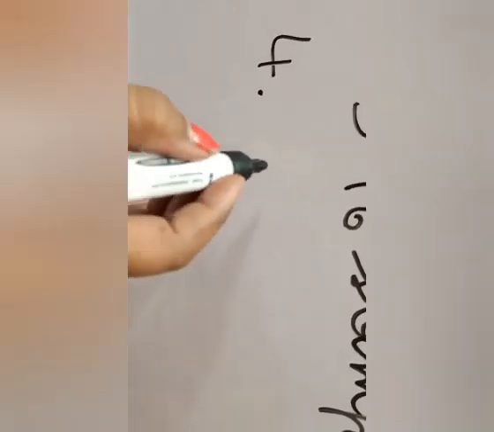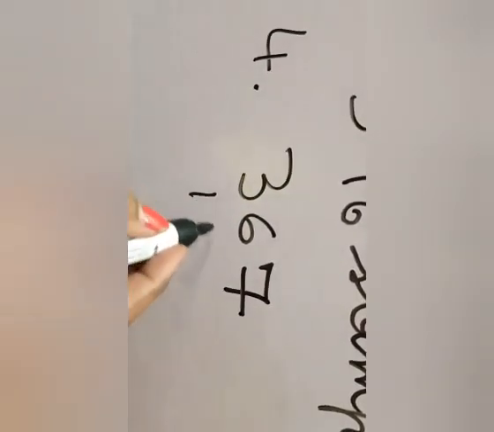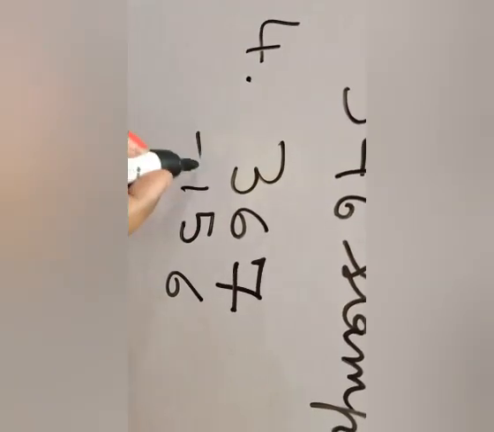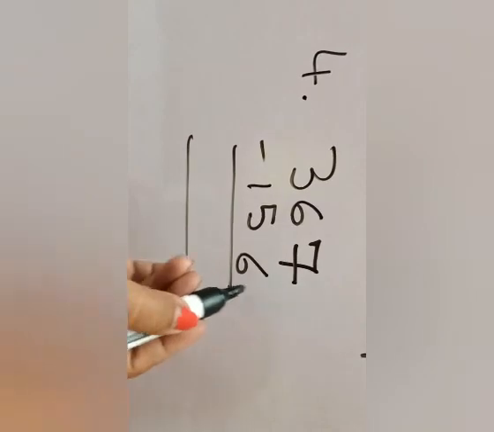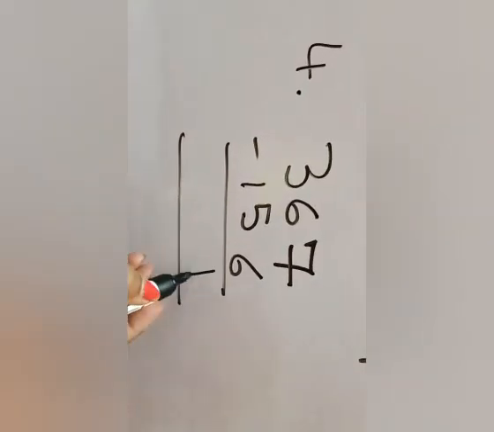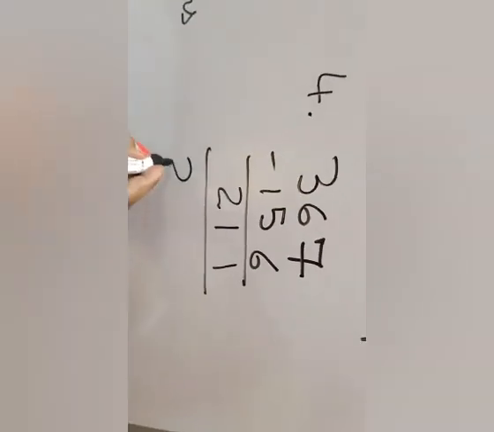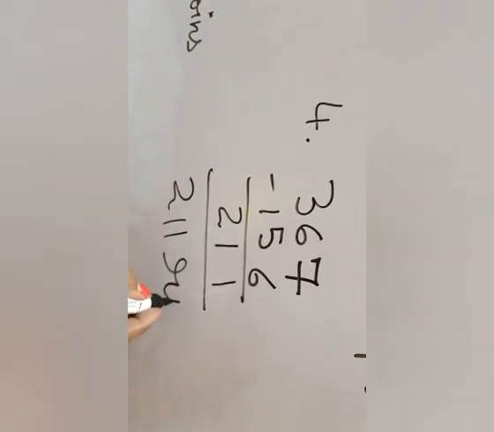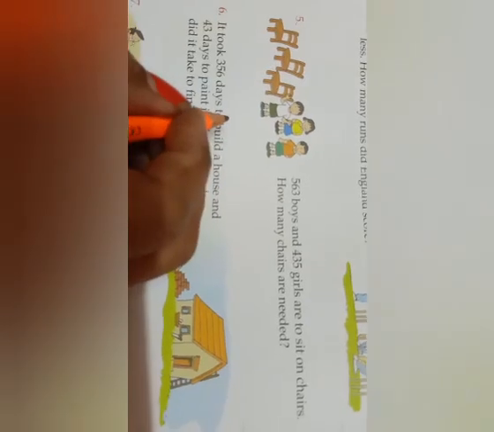We have to write the subtraction sum 367, 156. I think children you know the subtraction now very well. 1, 1, 2. The answer is 211 runs which are scored by England.